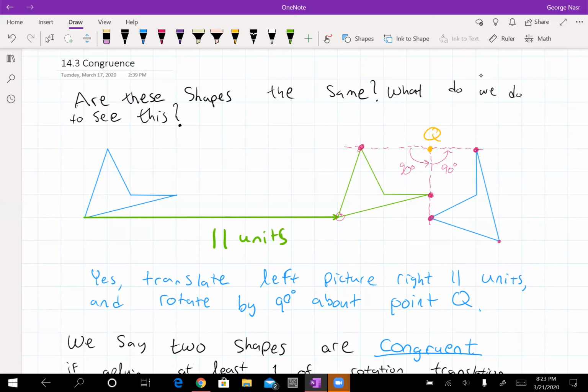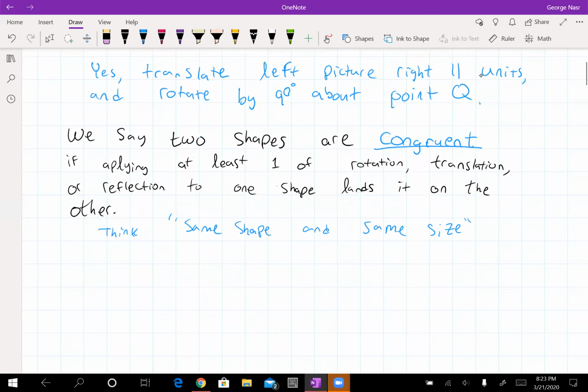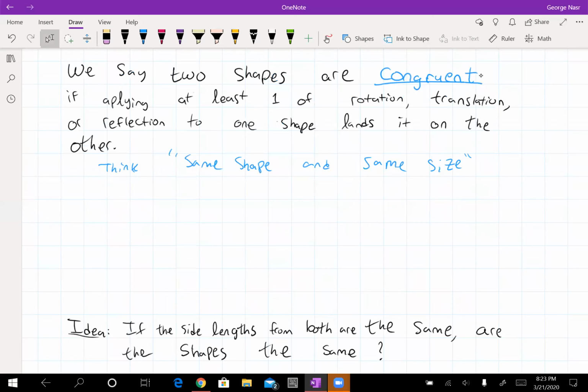So when two shapes can be made to look the same, this is what we mean by congruence. We say two shapes are congruent if applying at least one of either rotation, translation, or reflection to one shape ends up getting us to the other shape.